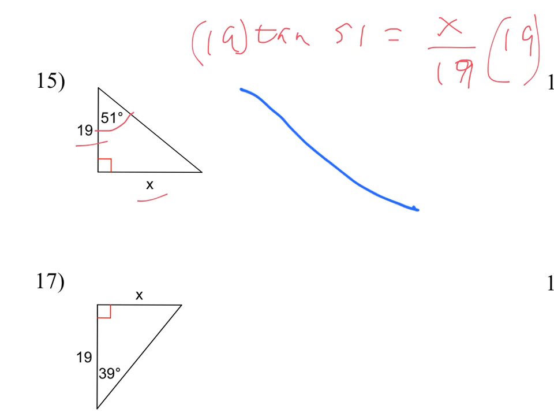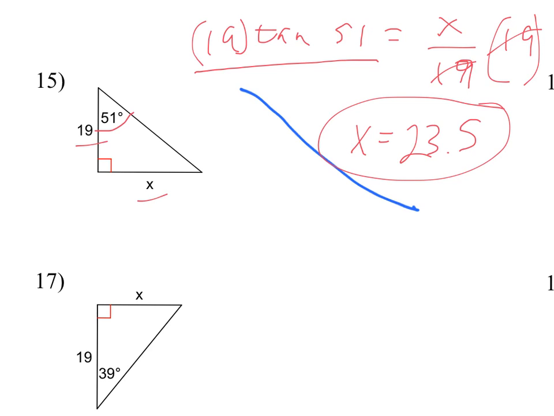When I do that, it isolates the x, and x is equal to 19 times tangent 51, which if we're still rounding to the nearest tenths place, you should get 23.5 if you want to check your work. Okay, you're going to have either one of those two types on 13 through 22.